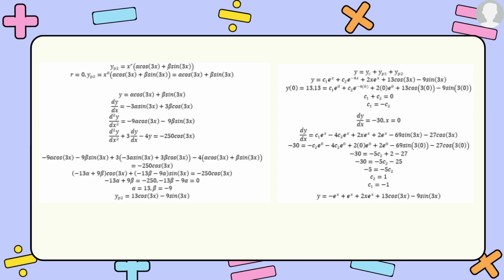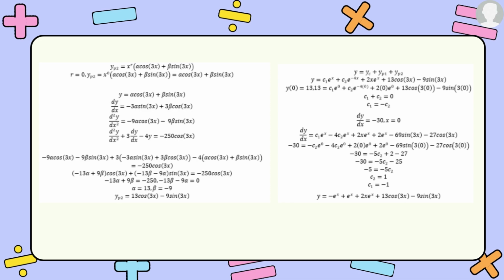So y0 is equal to 13. 13 equals c1 e to the power of 0 plus c2 e to the power of negative 4 times 0.